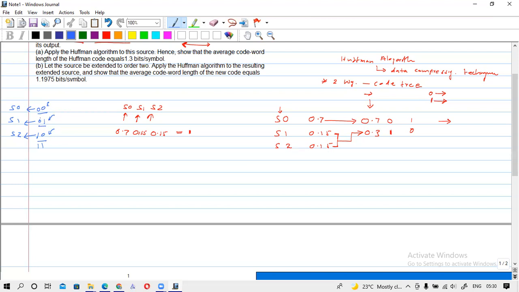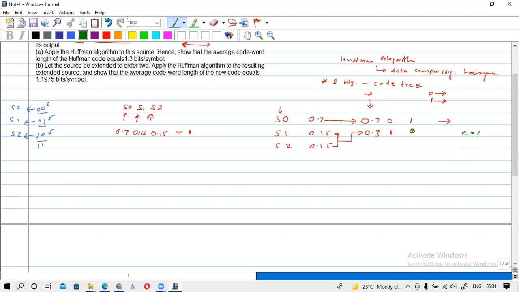So in protocols we can define these bit combinations. So what I want to tell you is that if you assign 1 for higher probability and 0 for higher probability, you will get a different combination of code words, but it will not affect your system. Still you will get the same efficiency.